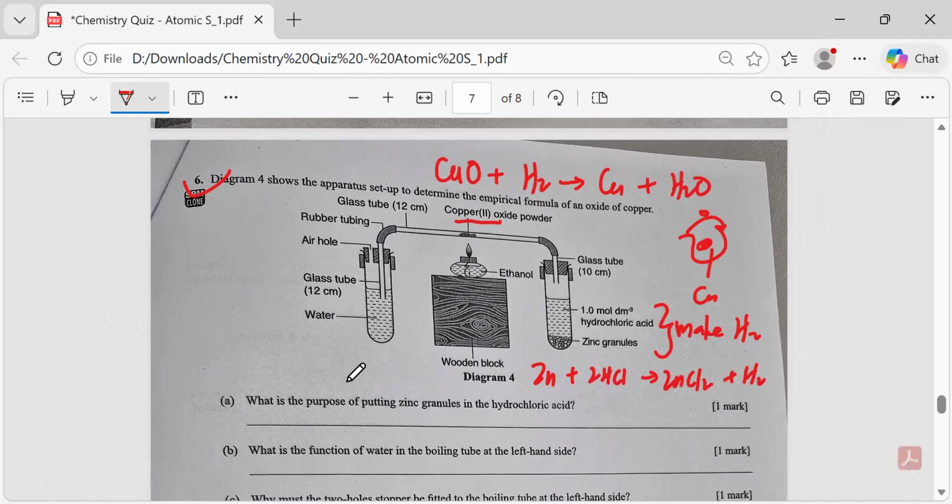What is the purpose of putting zinc granules to produce hydrogen gas? Okay. What is the function of the water in a boiling tube? The water is to dissolve the excess hydrogen gas.